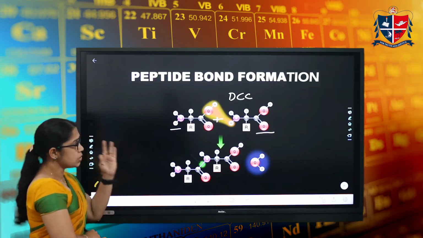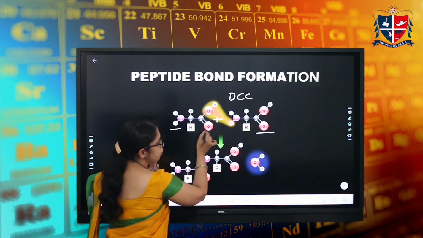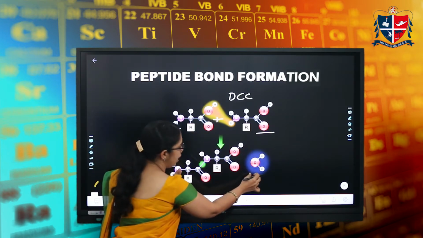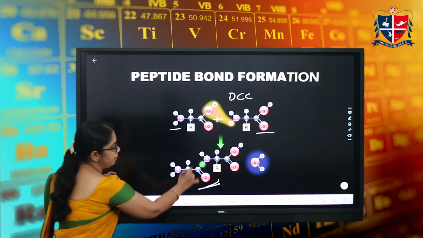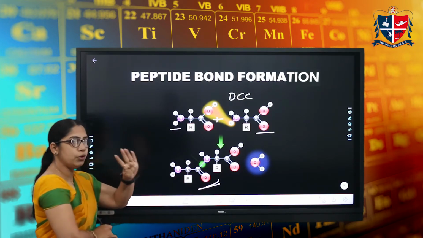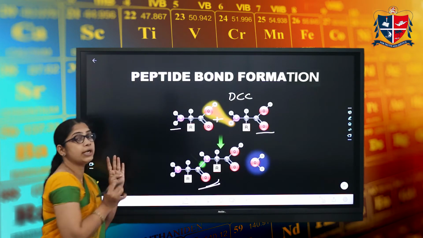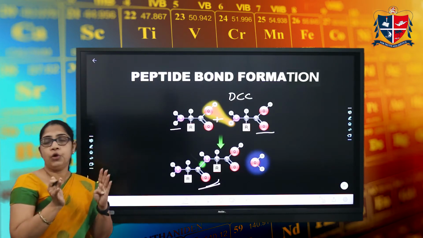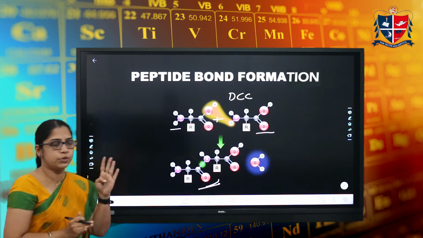So if we use a suitable reagent, this COOH and NH2 can condense with elimination of water and we will get the required peptide bond here. And the fourth step is the removal of the protecting group, or deprotection.